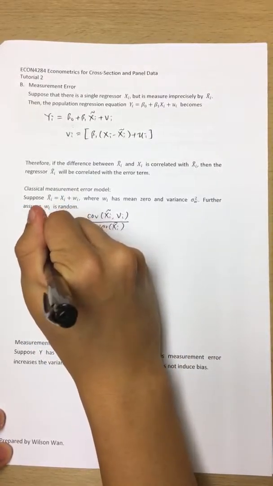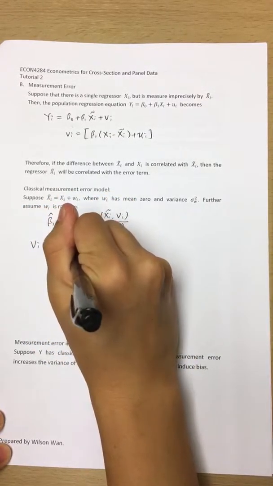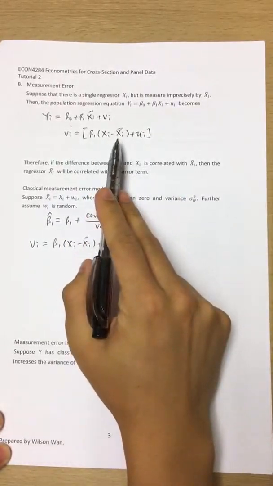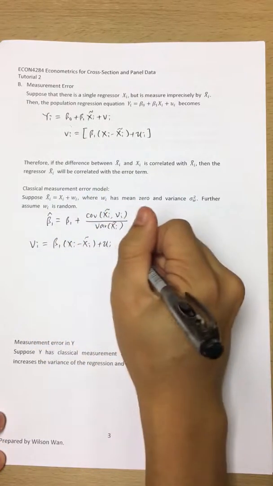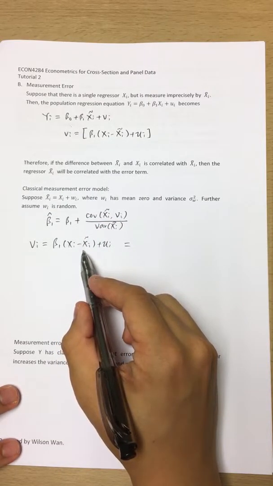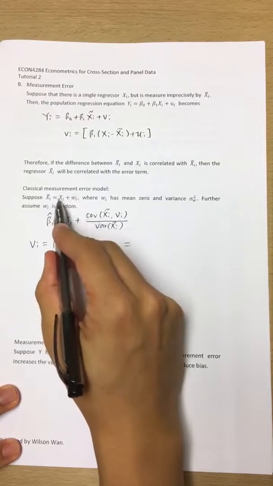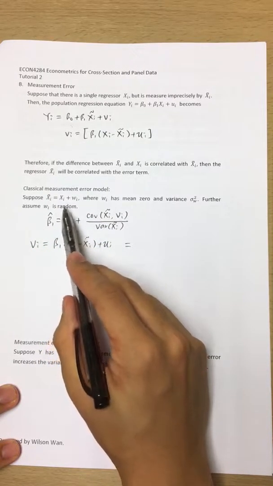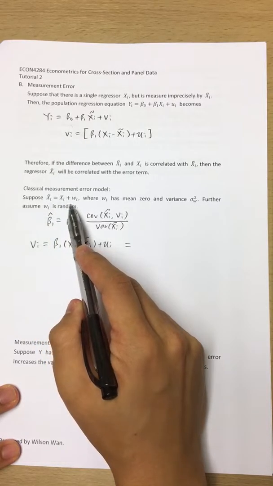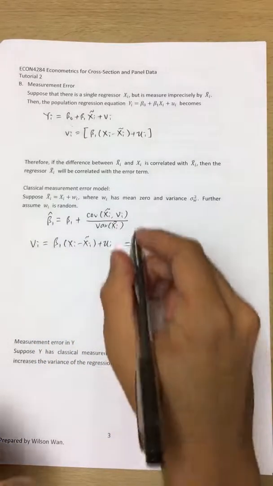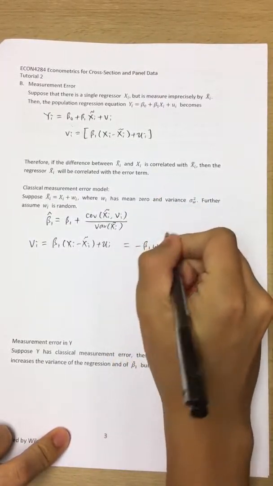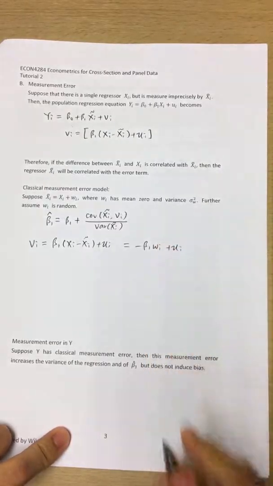Here vi is equal to beta 1 times (xi minus xi tilde) plus ui, given at the top, and xi minus xi tilde is equal to negative wi. If you move xi tilde to the right hand side and put minus wi on the left hand side, you will get vi equal to minus beta 1 wi plus ui.